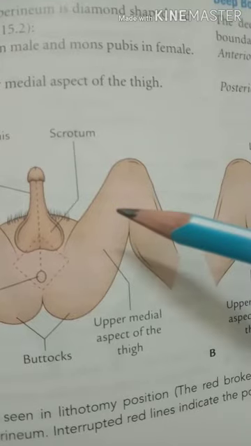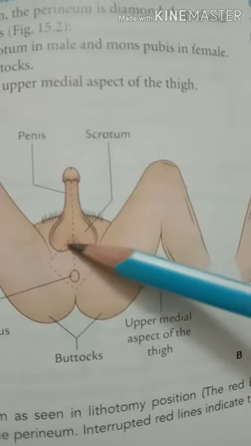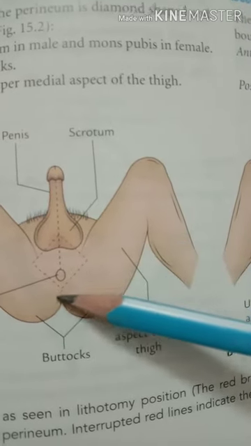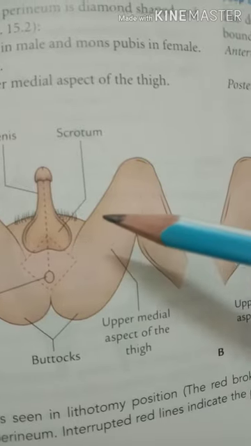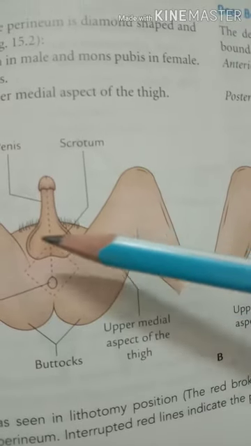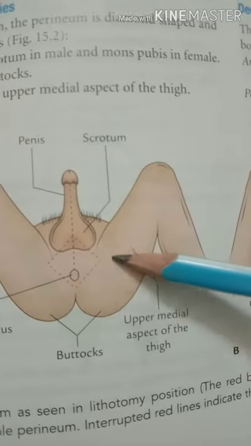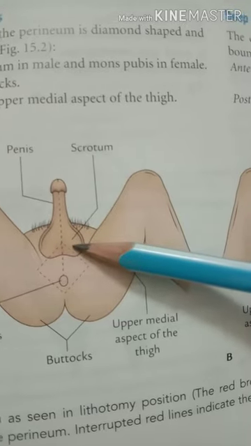The superficial boundary is formed in the male by the scrotum here, posteriorly by the buttock, and on each side by the upper part of the medial side of the thigh. So this quadrangular space is the external boundary.